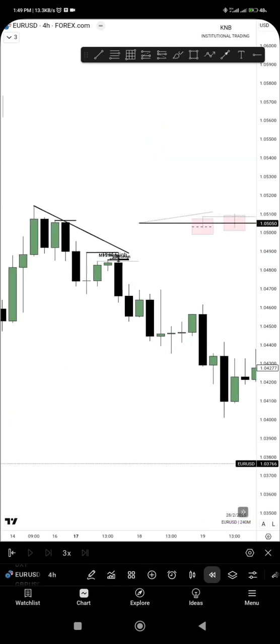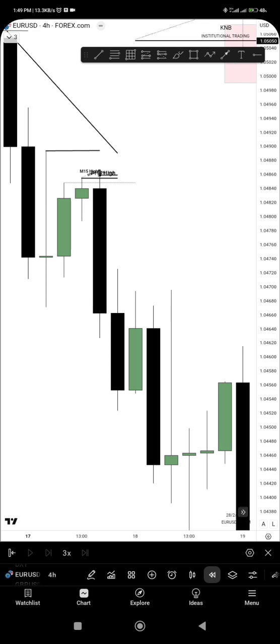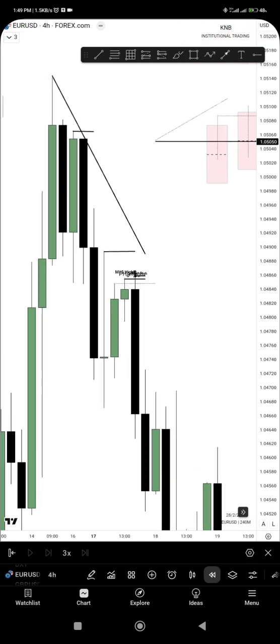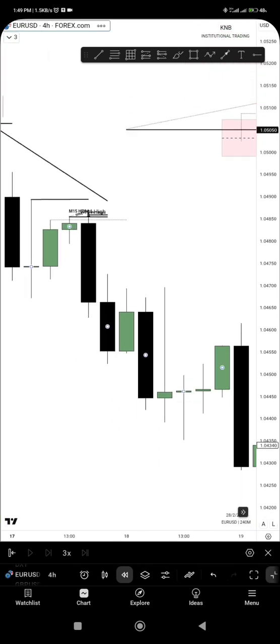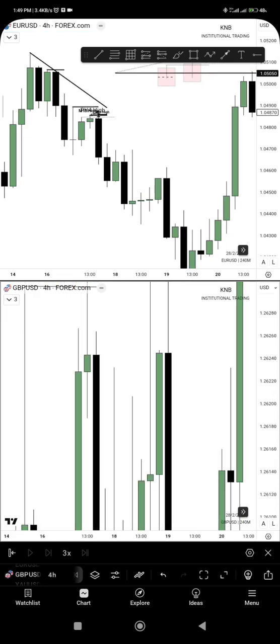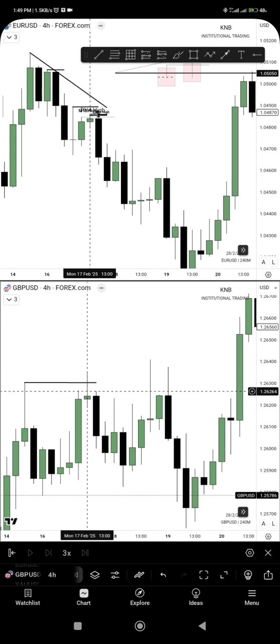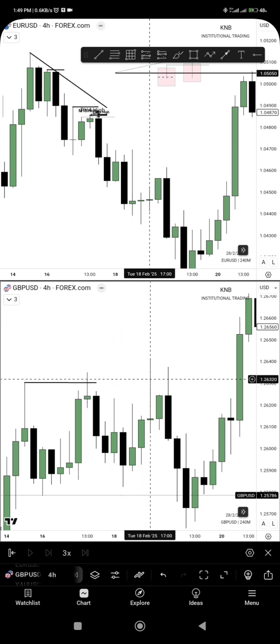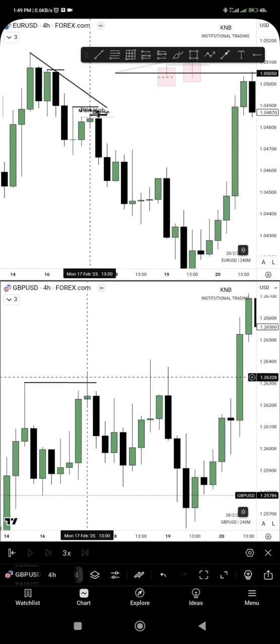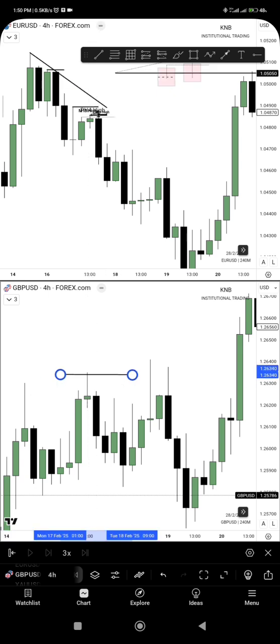Where was I? Okay, we started this from just looking out for a daily SMT divergence. So let's get back to the daily highs. Now this is that daily high again. So Monday high was swept, Tuesday high. So you can see that divergence, GU, EU, and GU. Look guys, focus.